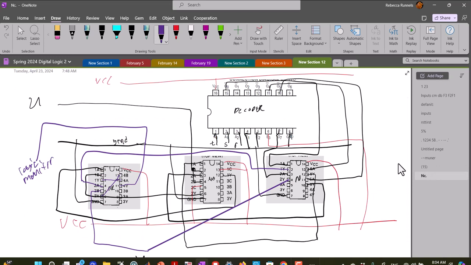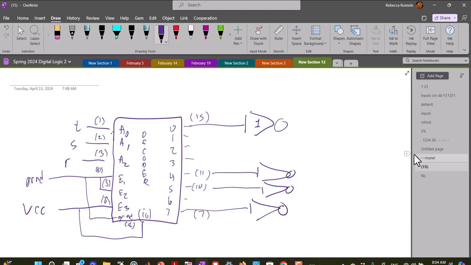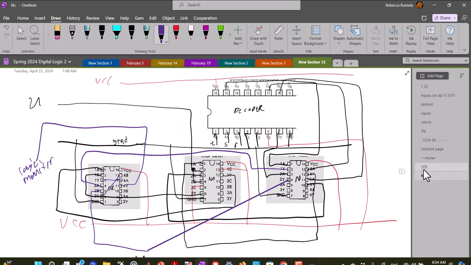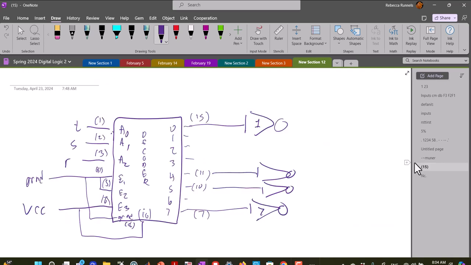I had 7 was 2, and 0 was 1, and 5 was 5, and 4 was 6.